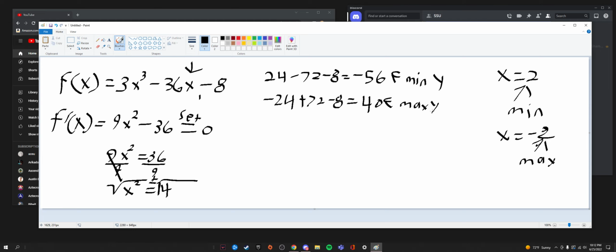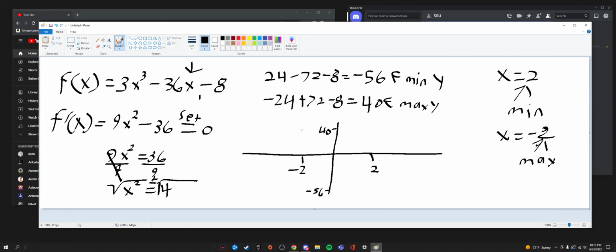So now that we have the actual coordinates of these points, now we can draw the axis. I'll draw it down here. I didn't have to make it that large. Whatever. Okay, so 2 and negative 2. We'll say this is 40, and we'll say this is negative 56.